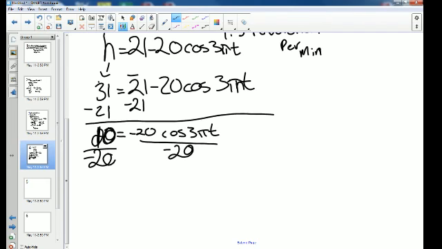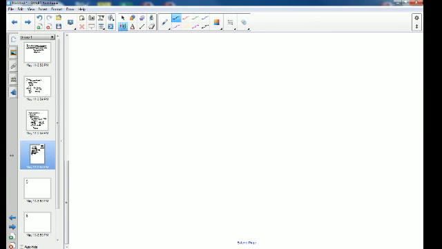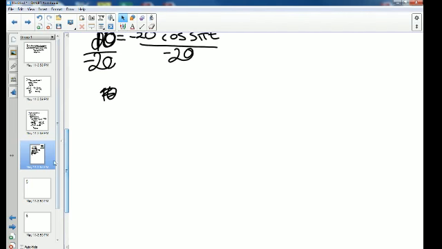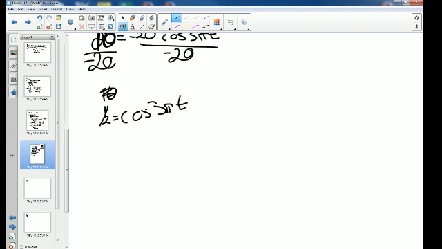That will be 10 over 20, which will be 1/2, equals cosine 3 pi t.